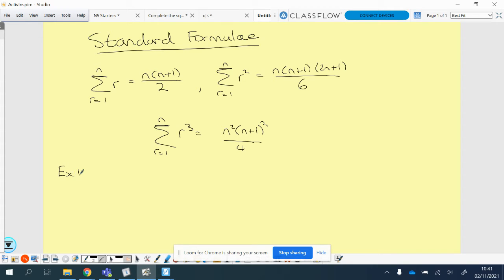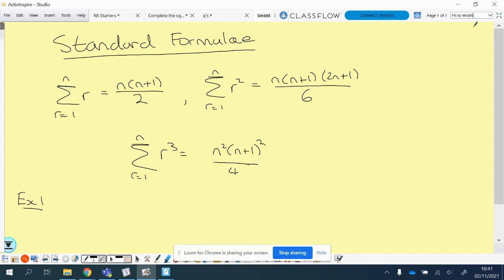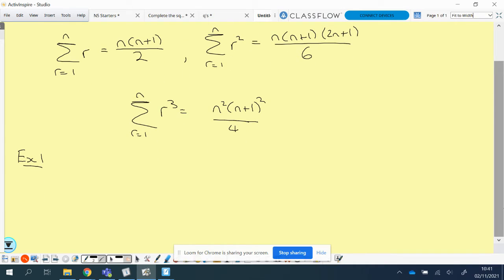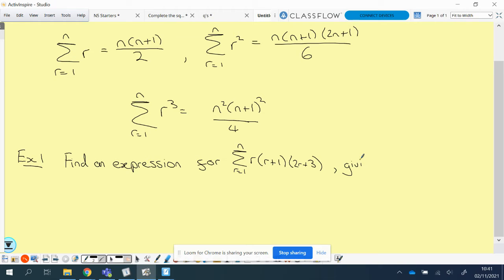So if I go to example 1, we're going to find an expression for the sum as r begins at 1, r bracket r plus 1 bracket 2r plus 3, giving your answer in fully factorized form.